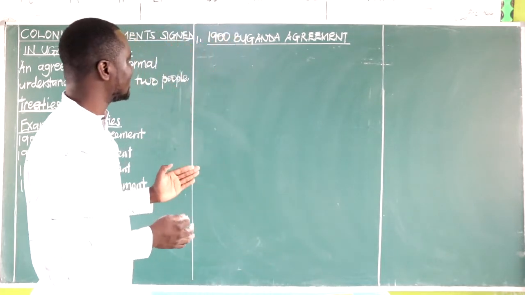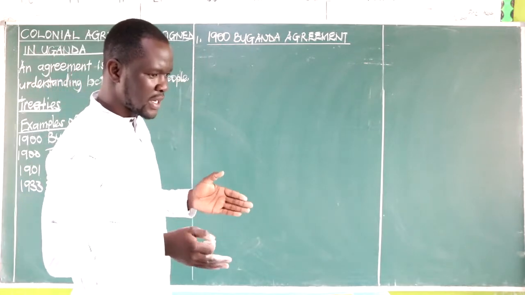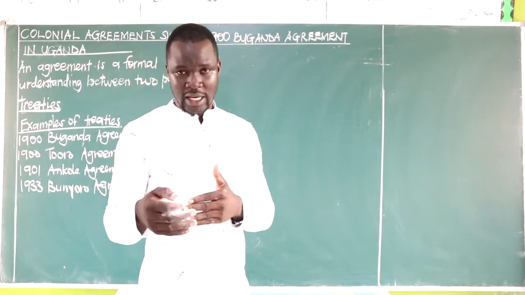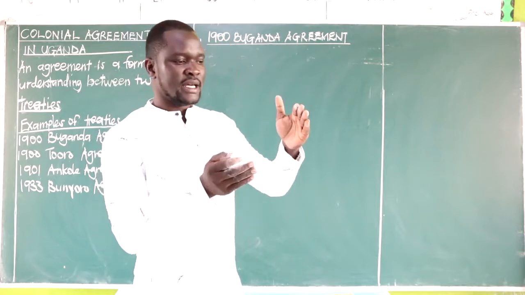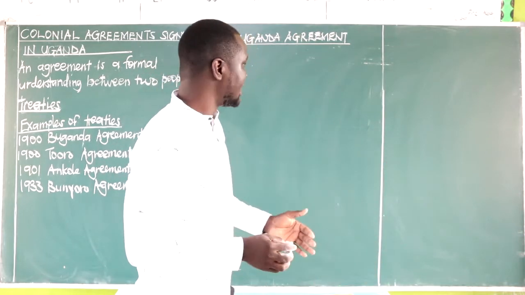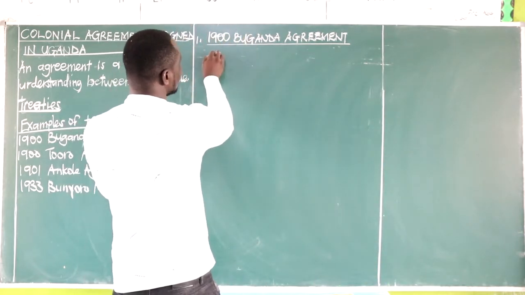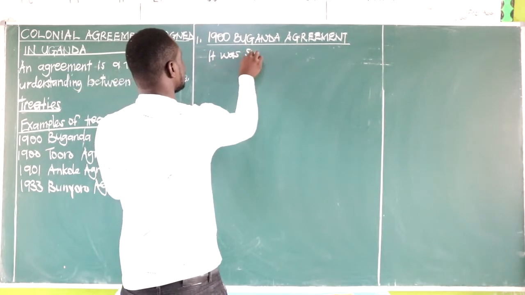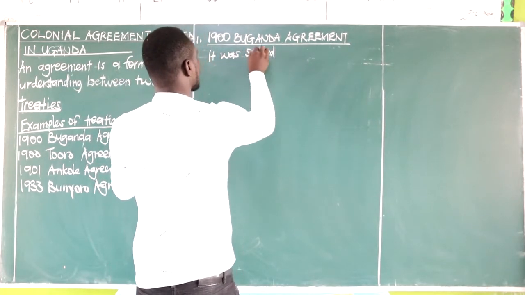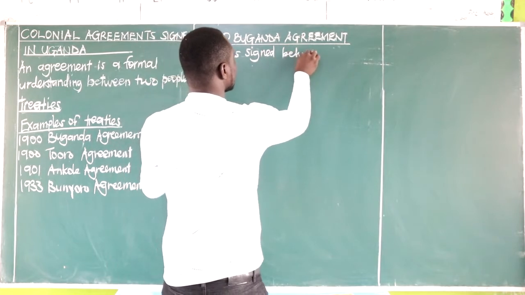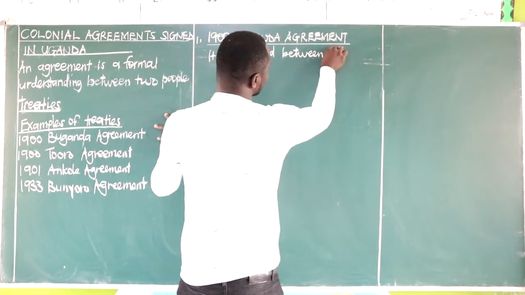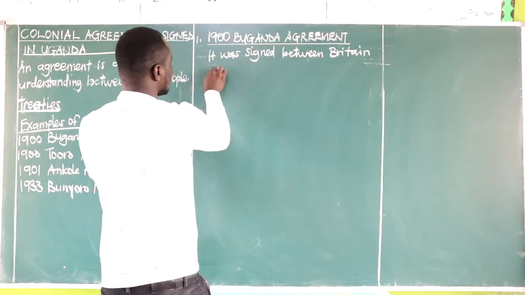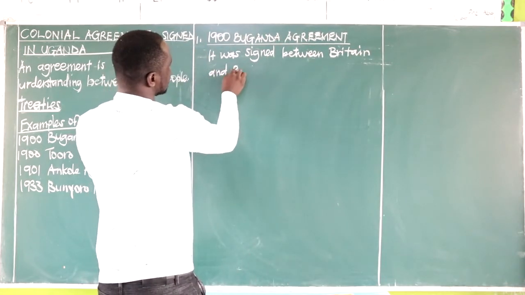Now, like I said, this agreement was signed between the British colonialists in Uganda and the local leaders. We shall say this agreement was signed between Britain and Uganda.